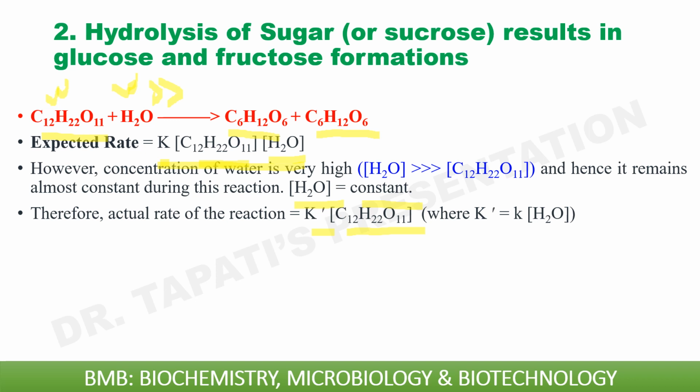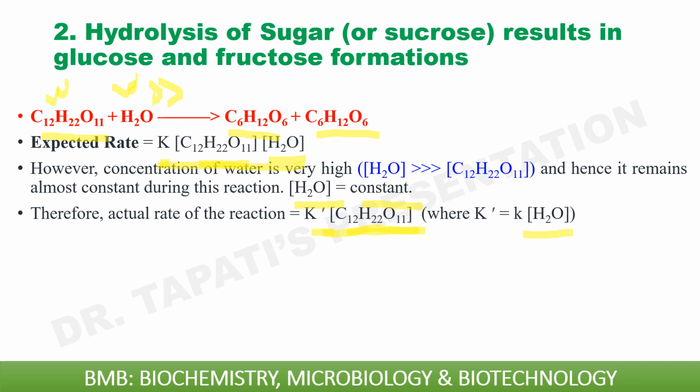Only rate of the reaction will depend on the concentration of the sugar. There will be no change in the concentration of water, almost no change. And here K prime is equal to K into concentration of H2O. K is constant and water concentration is also constant.